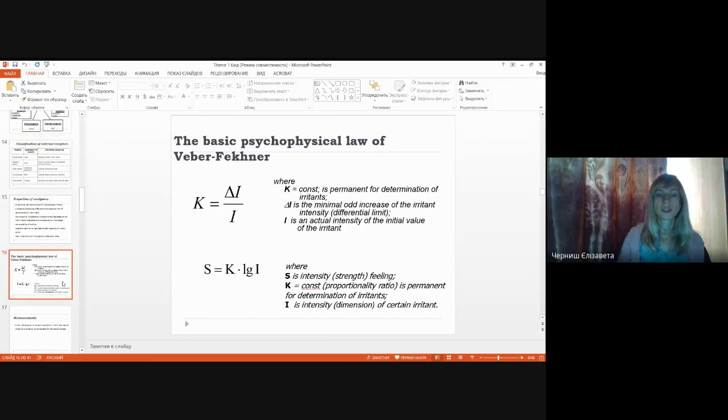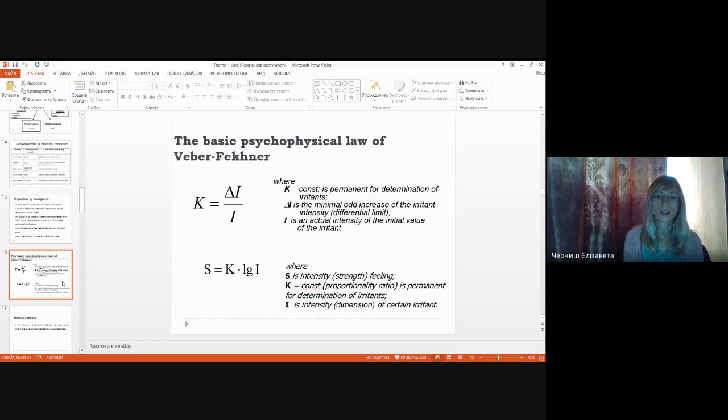And the basic physiological law of Weber-Fechner. These are two scientists, Weber and Fechner, who proposed such a formula. We see it's a very easy formula: the ratio between some minimal increase of the irritant intensity and the actual intensity of the initial value of the irritant.